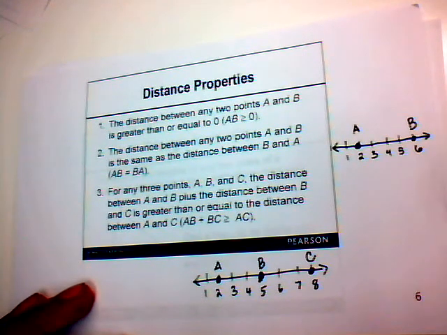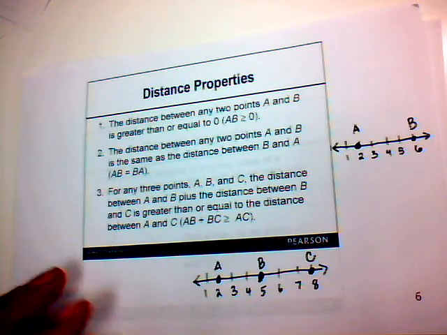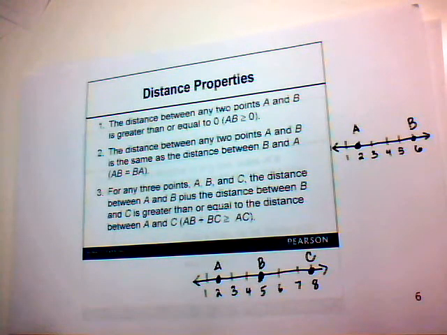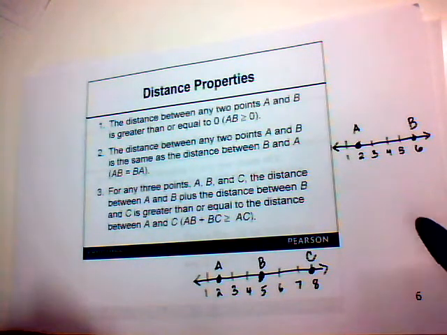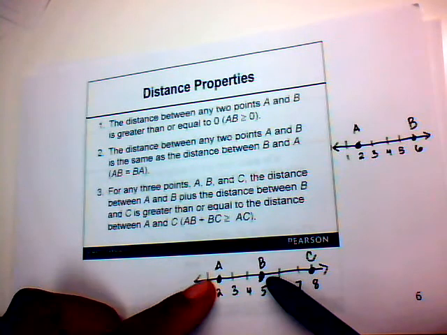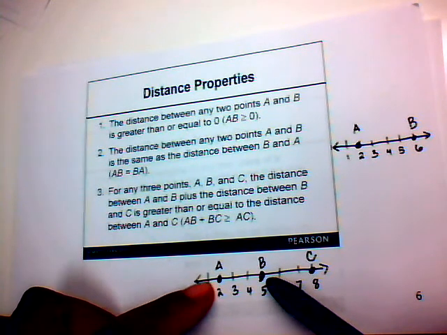Number 3, for any 3 points A, B, and C, the distance between A and B plus the distance between B and C is greater than or equal to the distance between A and C. So AB plus BC must be greater than or equal to AC. The distance from A to B here is 3.